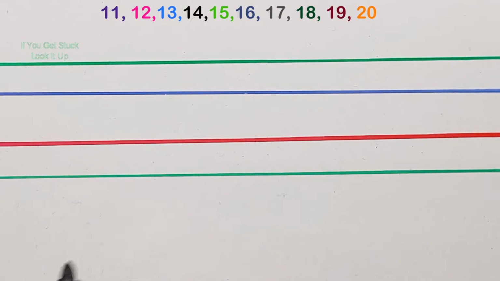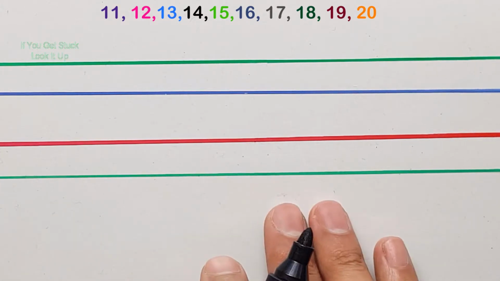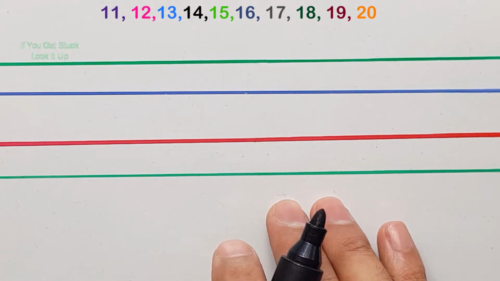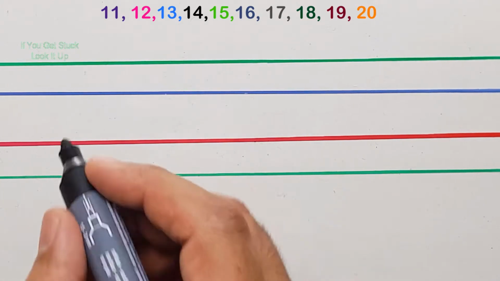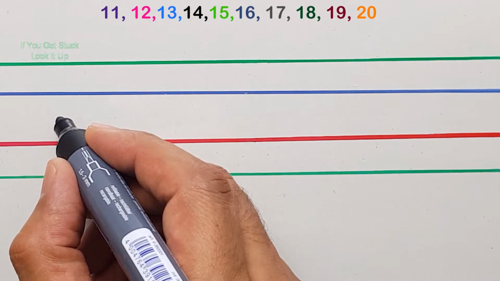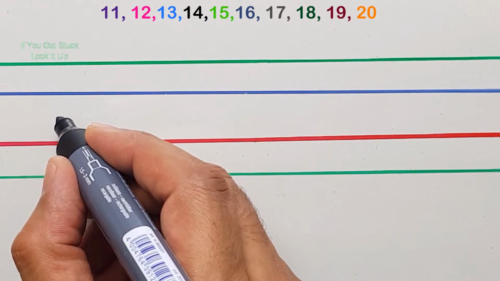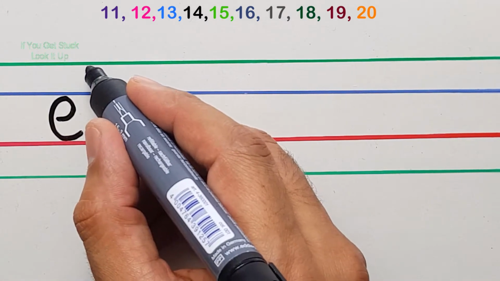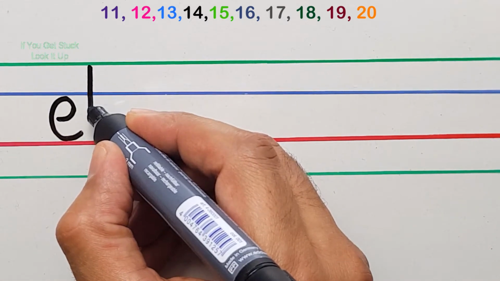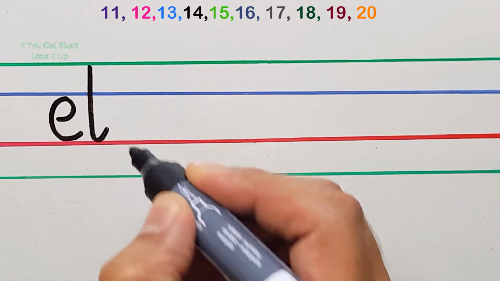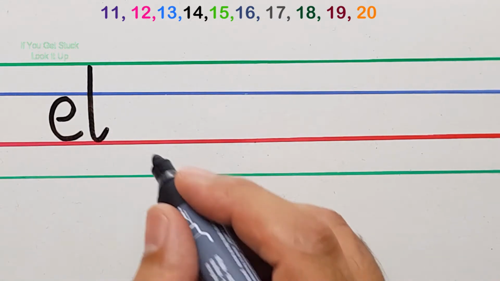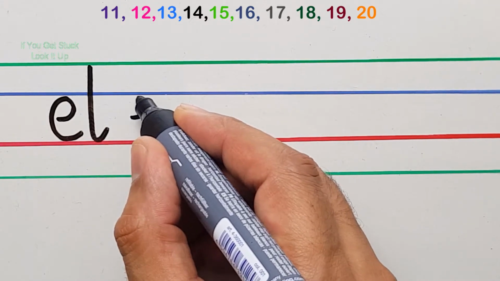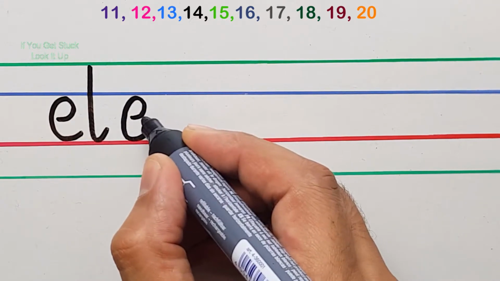Now what I'm going to do is write out every single number, so you know how to write it out with the spellings. 11 is an E. L, it goes up to the baseline and a little flick. Another E, so from the middle, round up to the top, back round.